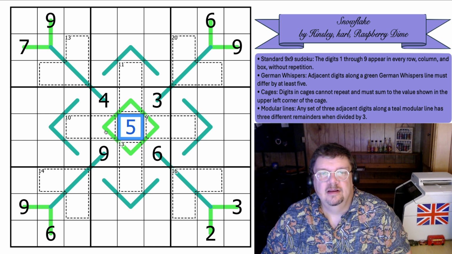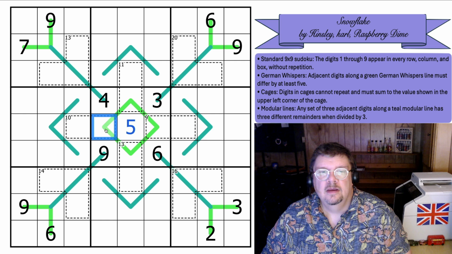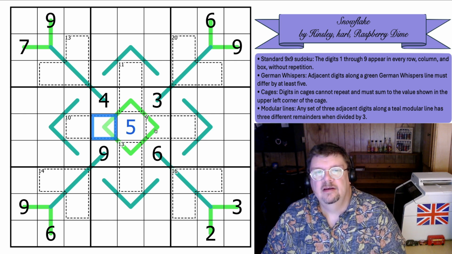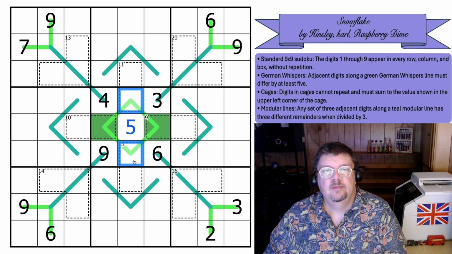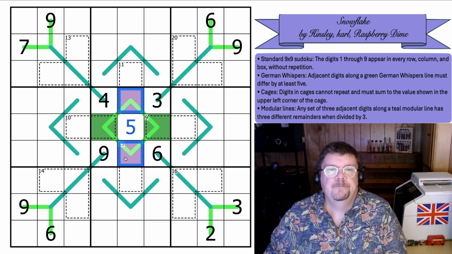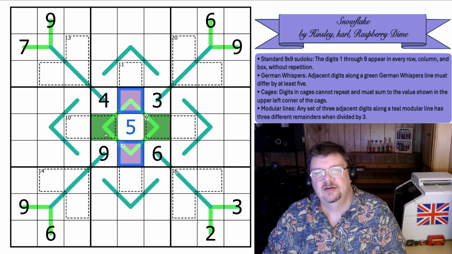And that is clearly not meeting our minimum of 5 requirement. So they're going to alternate high and low. I don't know which way around they're going to go just yet, but either we will have green digits being low and purple digits being high, or green digits will be high and purple digits low.